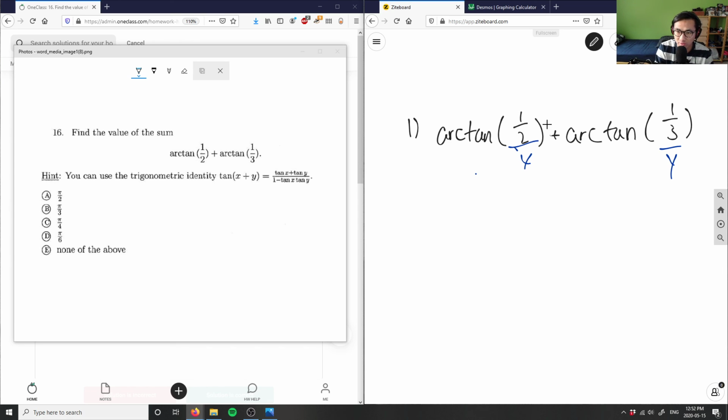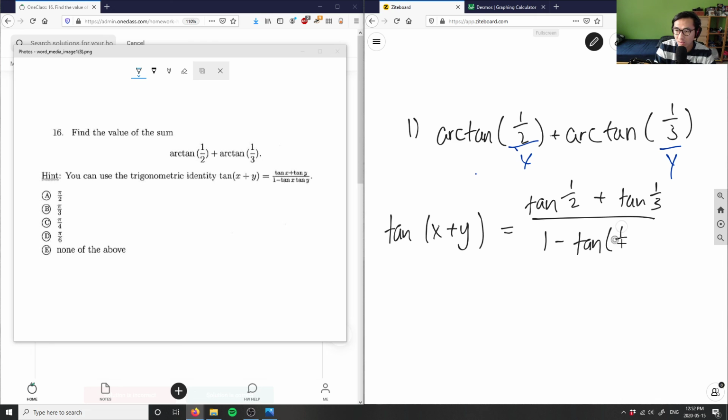So let's see. If this here is x and this here is y, then I can say the tangent of x plus y is going to equal the tangent of half plus the tangent of 1 over 3 here divided by 1 minus the tangent of half times the tangent of 1 over 3 here.